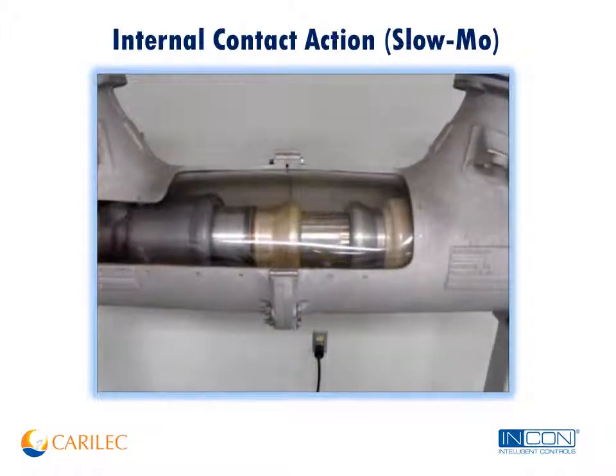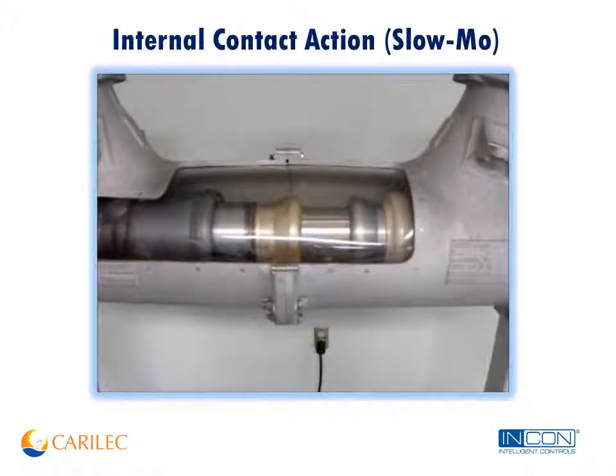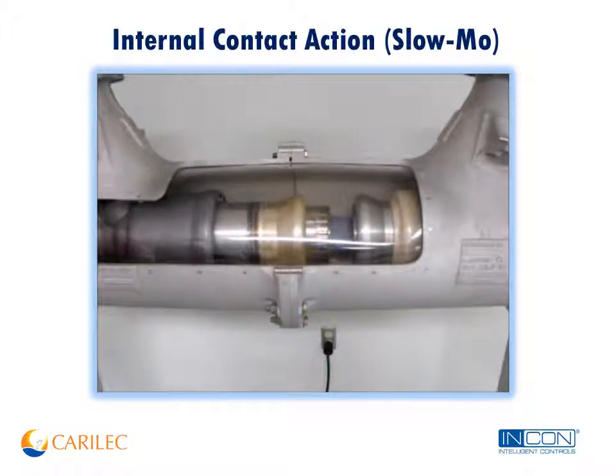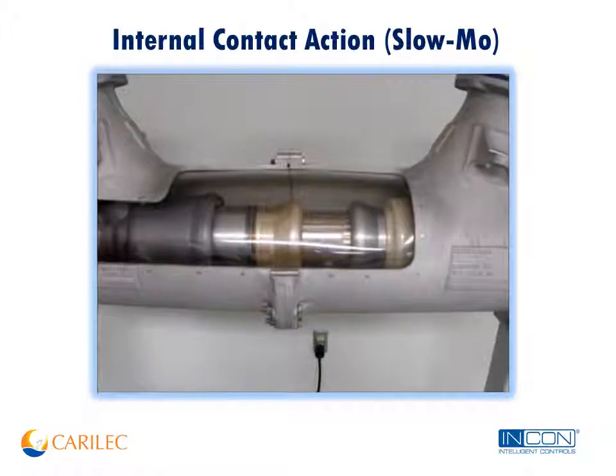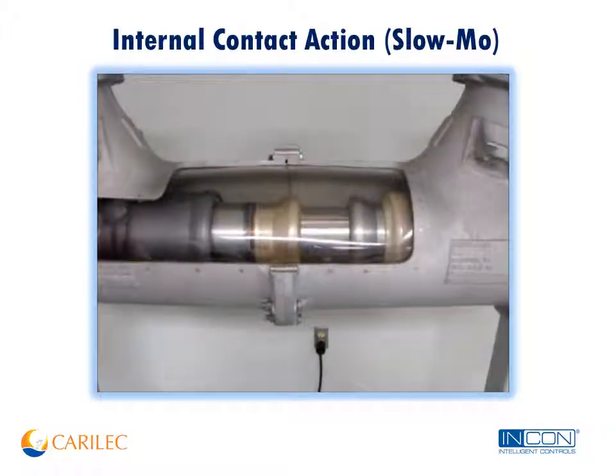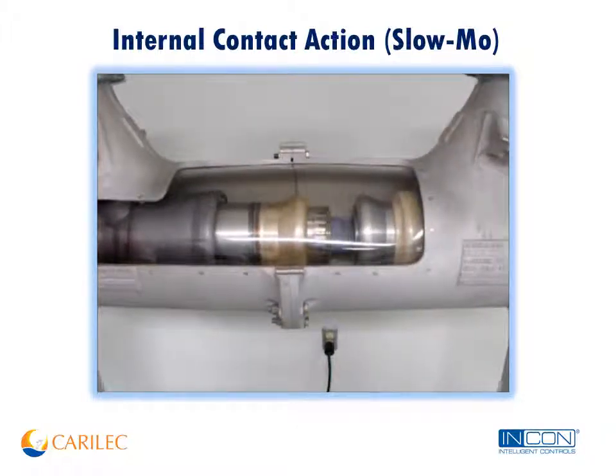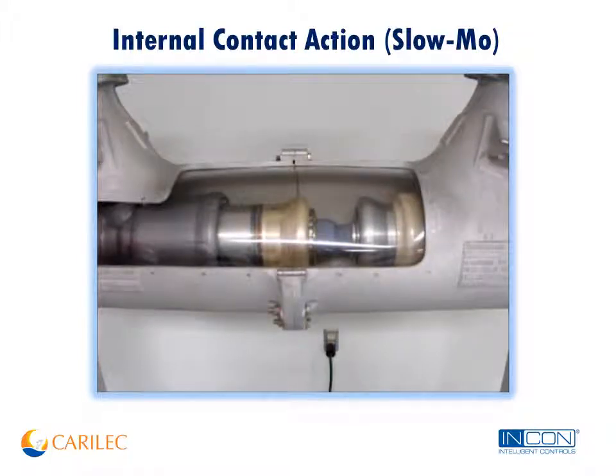Here we have a video of a circuit breaker in operation. Now normally this operation would just take a matter of milliseconds, but this is just to show you what the inside looks like.